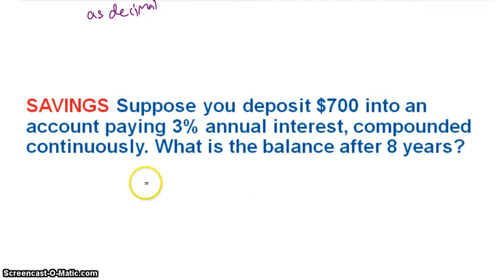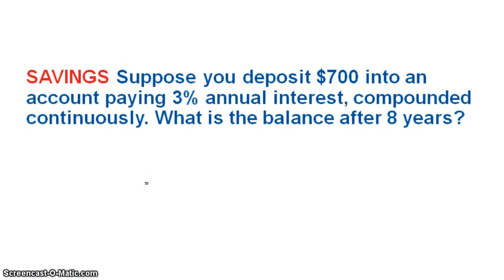So, it all depends on what we might possibly be solving for. So say we are solving for the balance after a certain amount of time. We're looking for A. When we know we deposited $700, we are getting 3%, and we're waiting for 8 years.